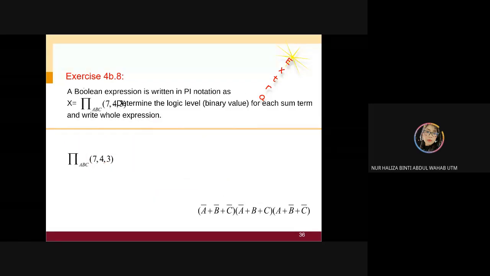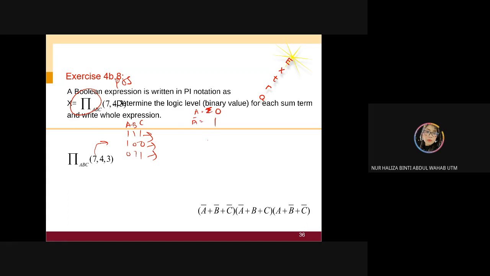And similar to this, the POS, which is the product of sums, you have a similar thing. 111, ABC, 100, 011. So how to represent it? Need to remember A equal to 0 gives A, A equal to 1 gives A bar.